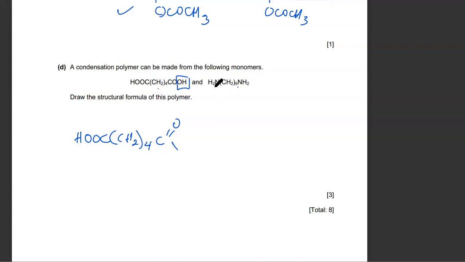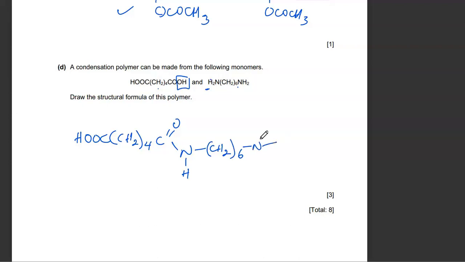By this group, we lose one hydrogen. One hydrogen will go from here. So if one hydrogen goes, I will be left with N and an hydrogen. Then I continue my link, which will be CH2, 6, N, can you see that?